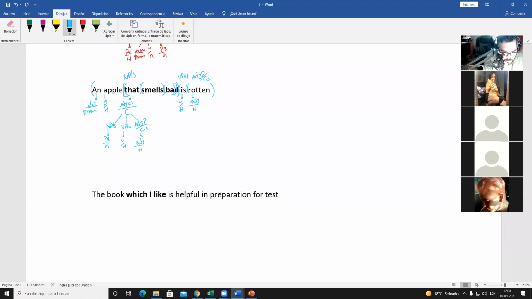Que me guste el libro o no me guste el libro lo hace beneficioso para preparar el test. Yo creo que no lo hace, ¿no? ¿Cachai, Estefanía? Entonces ahí tenía una opcional, pero sin coma. Ahora me queda más claro.